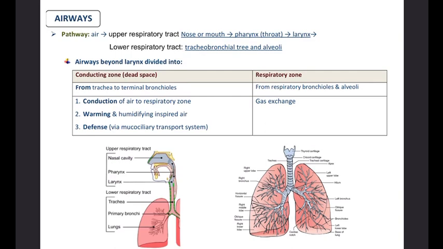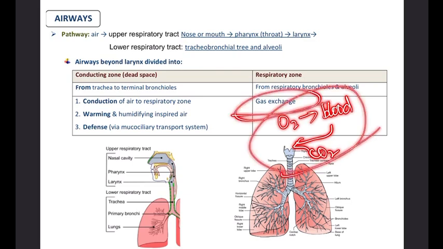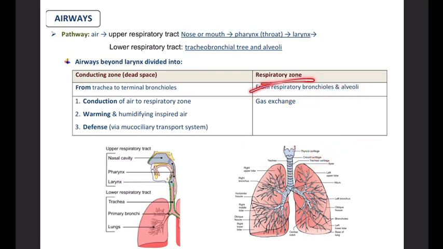The conducting zone is from the trachea to the terminal bronchioles, and the respiratory zone is from the respiratory bronchioles and alveoli. The respiratory zone helps in gas exchange. That is where gas exchange occurs. Oxygen going to the blood capillaries, carbon dioxide coming back, all this is the gas exchange in the respiratory zone.